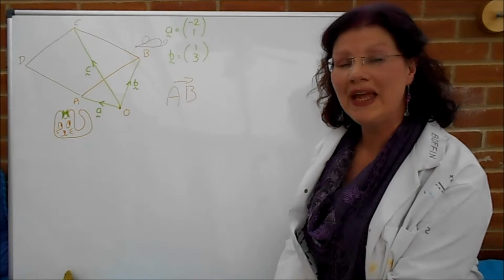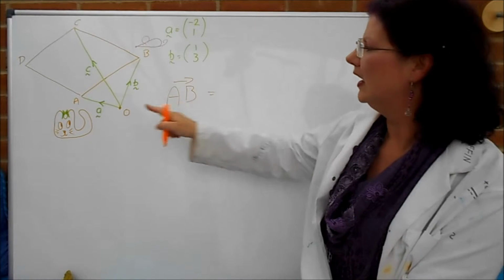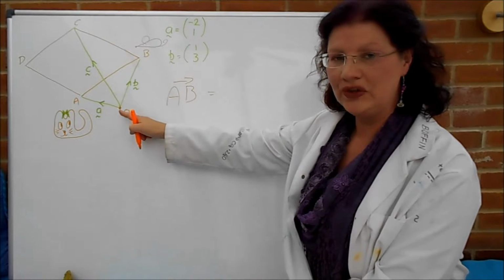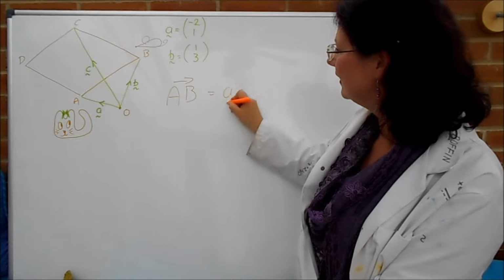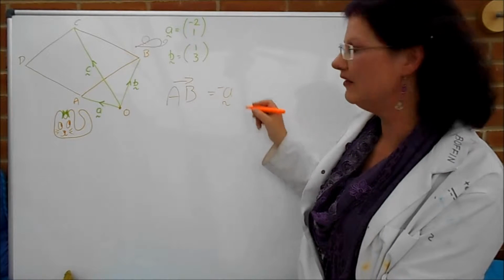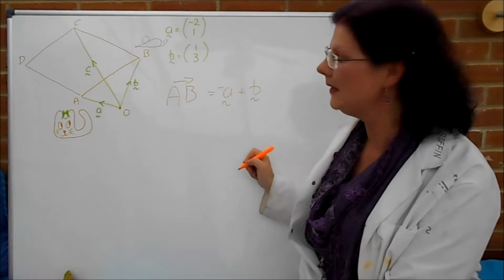Right, the journey from A to B is given in terms of squiggles as going backwards along the A vector and then up the B vector. So that is negative the A vector plus the B vector. Okay?